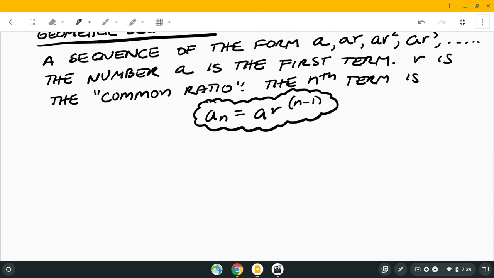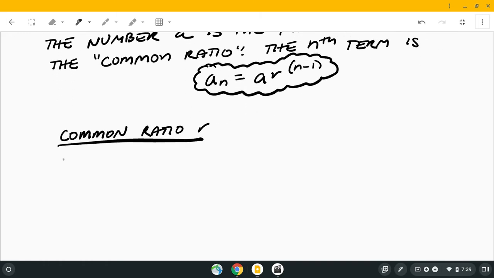Okay, let me talk a little bit more about the common ratio R. This is the ratio between any two consecutive terms in the sequence. Just like subtraction is not commutative, with division the order matters here, because we are going to be looking at the ratio.